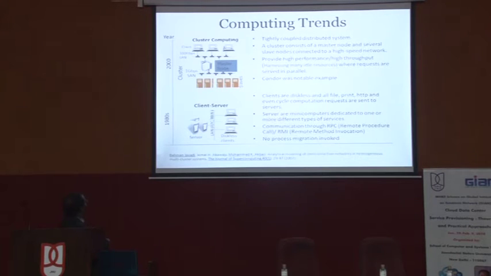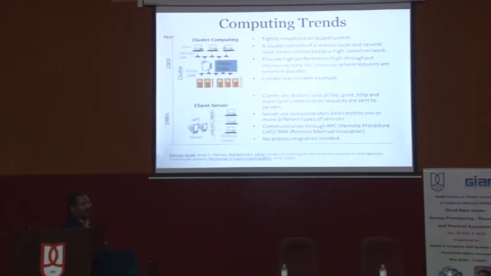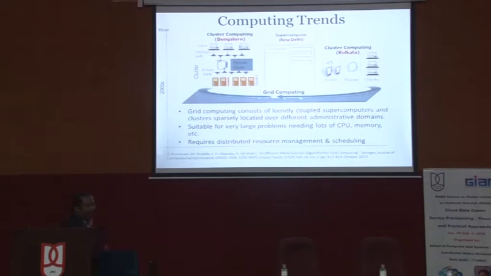Cluster computing actually became very hot when you have multiple clusters connected together. You have one cluster here, and then you have another cluster. This idea slowly gave way, connecting 1, 2, 3 clusters, to the idea called grid computing.